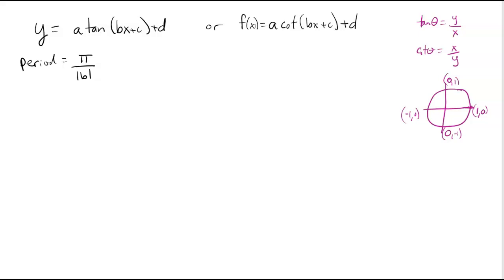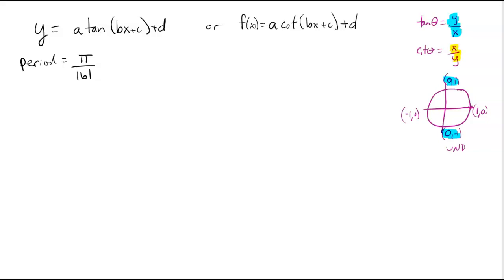depending on whether I'm talking about tangent or cotangent, things are going to be undefined. For tangent, when you have the x in the denominator and the x happens to be 0, something up here, we know that these are going to be undefined. So that makes sense that it's undefined and has asymptotes there.